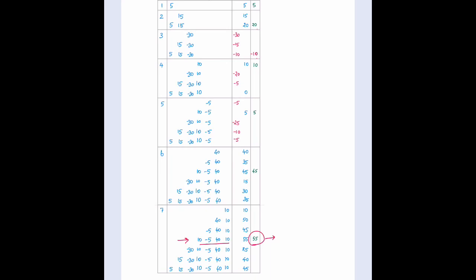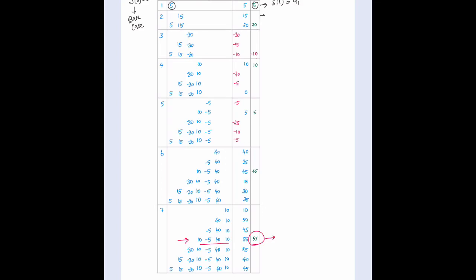Now let's see if there is a recursive relation between the ith and the i minus 1th element. Let's assume that there is a 0th element. If there are no elements in the list, then the sum is going to be 0. So S of 0 is going to be 0, and this would be our base case. Let's look at the first number now. Here, S of 1 is the same as A1. They are both 5.